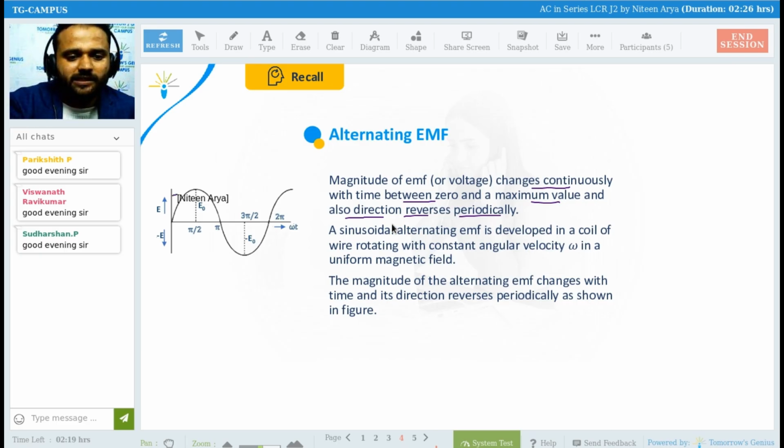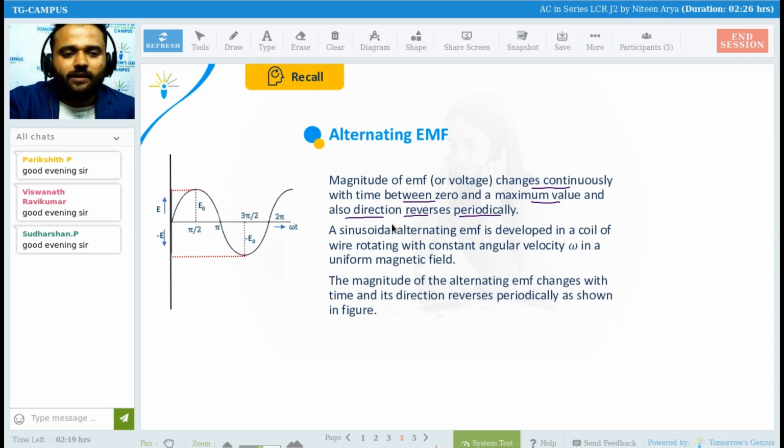As you can see, this is the maximum point. This is your maximum EMF or peak voltage in the positive direction, and this one is the maximum or peak voltage in the negative direction.